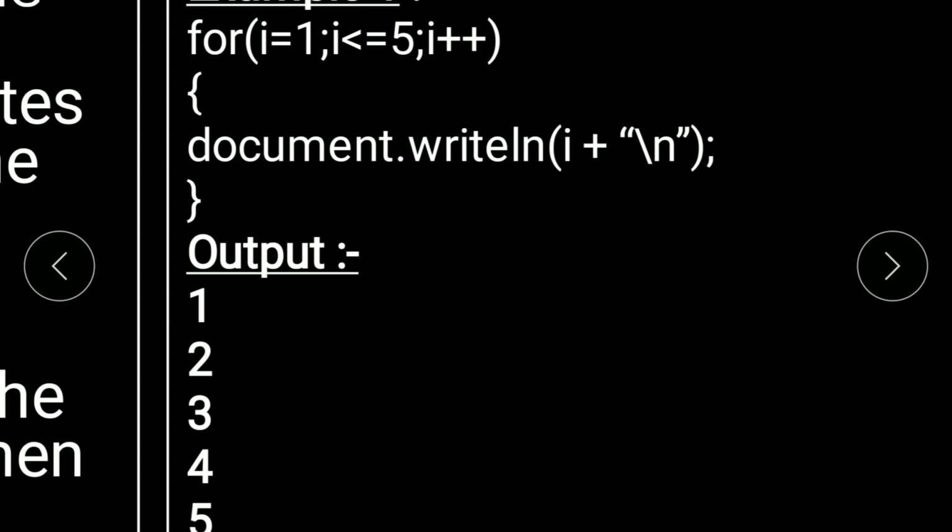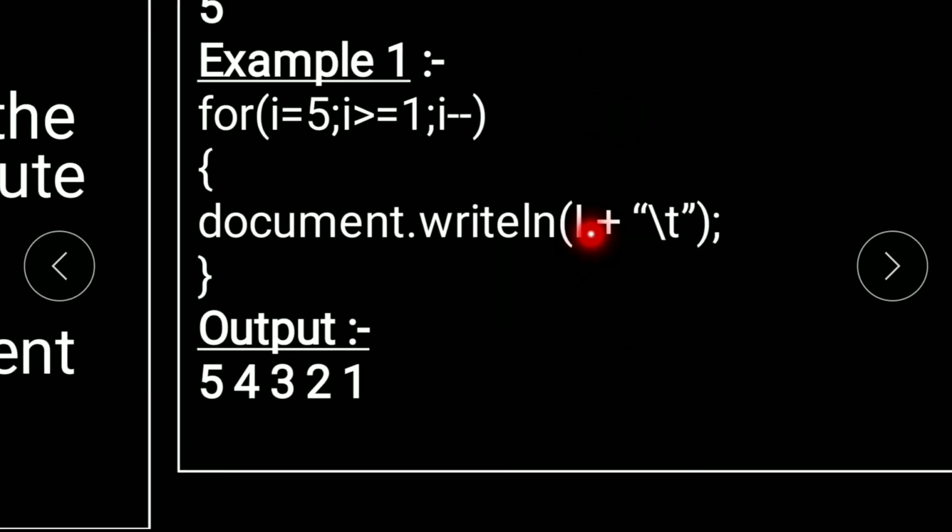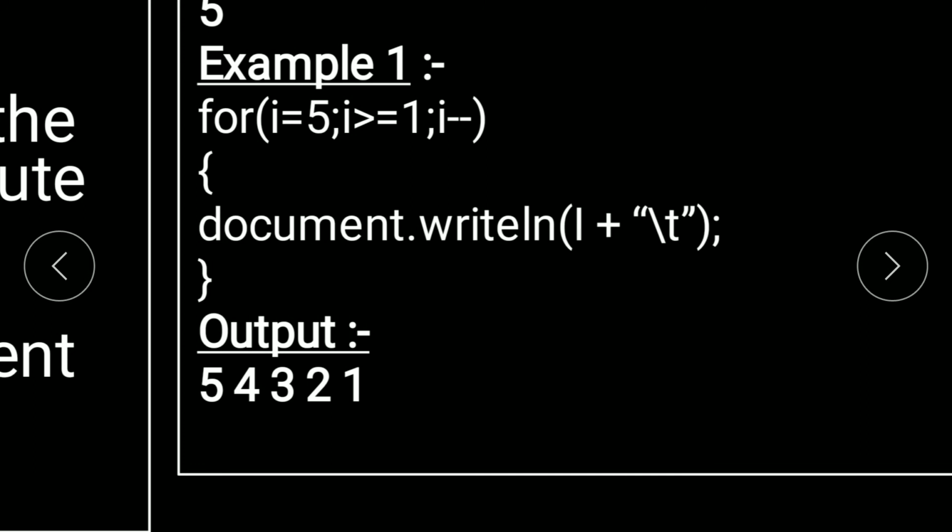for loop. Okay, so that is the first example, and you can see the second example here where I initialize i value equal to 5, means here i equal to 5, and it then checks or compares i greater than or equal to 1. Is it true? It's true because 5 is greater than 1.